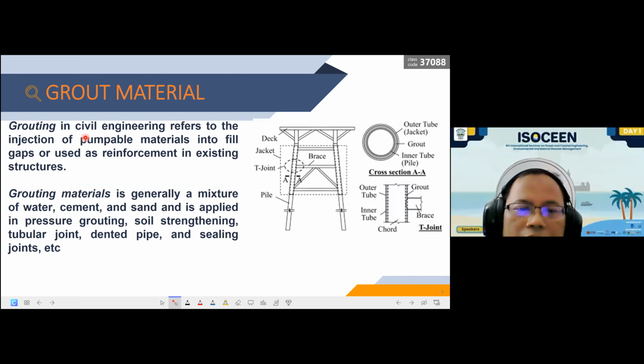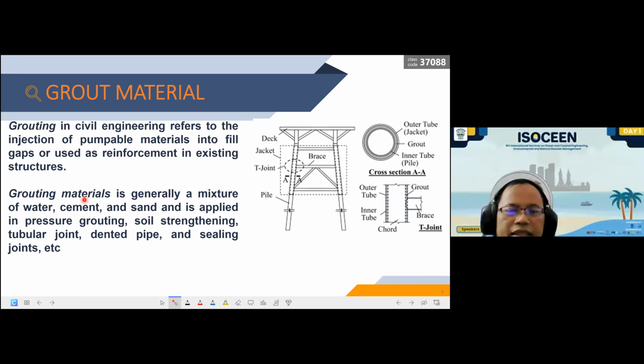Grouting in civil engineering refers to the injection of pumpable materials to fill gaps or used as reinforcement in existing structures.